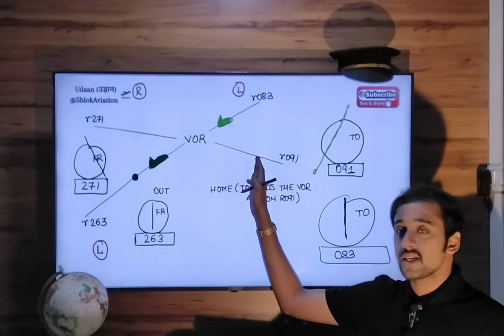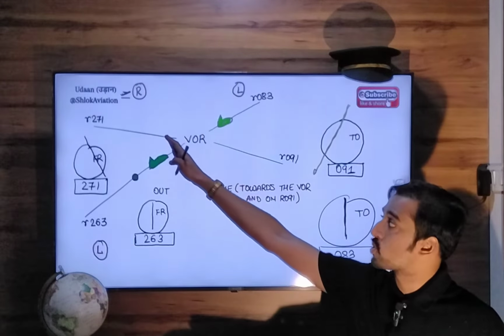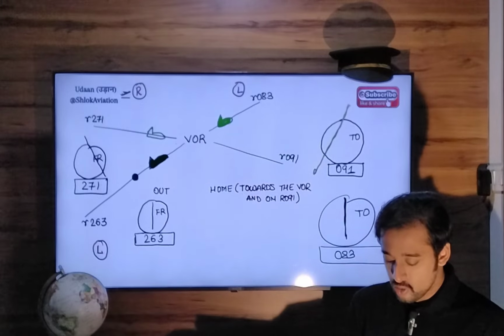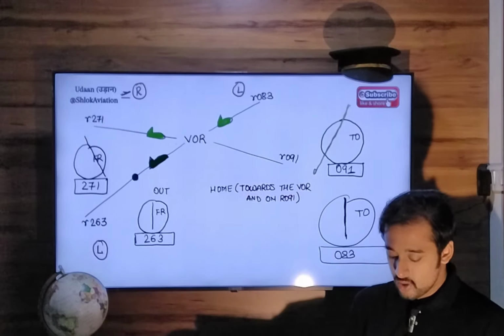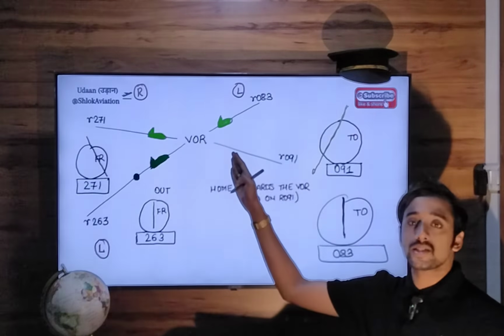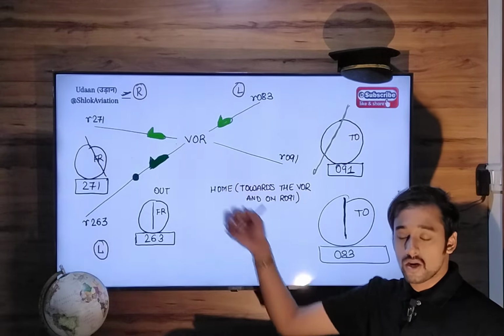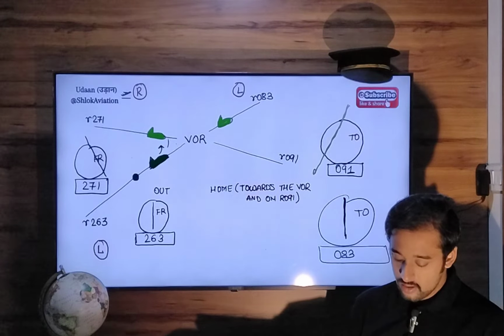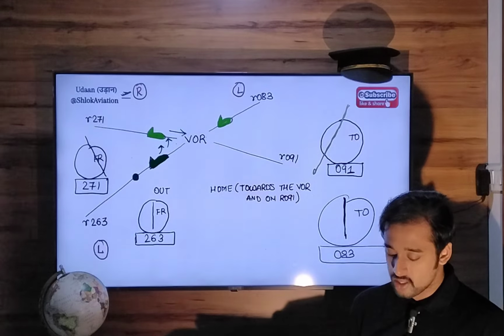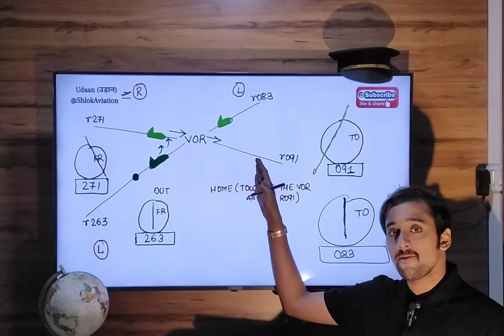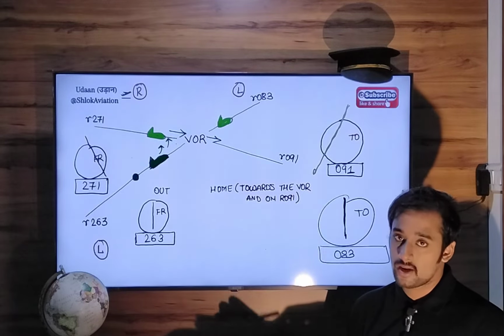Now to come onto 091, you should first go to radial 271. So you will have to intercept radial 271 and then fly towards the VOR. Then overflying the VOR, you will automatically find yourself on bearing of 091.